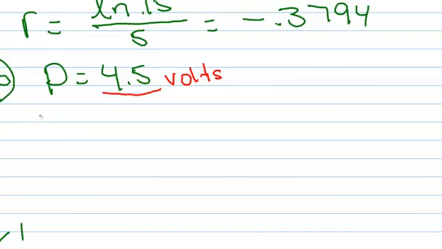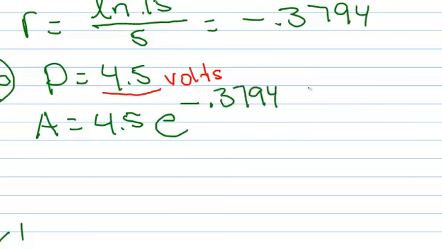So let's use PERT. A is equal to 4.5, because 4.5 is what I start with, e to the negative 0.3794 t. And do I know t? Oh, yes, I do. t is 2.3 milliseconds.